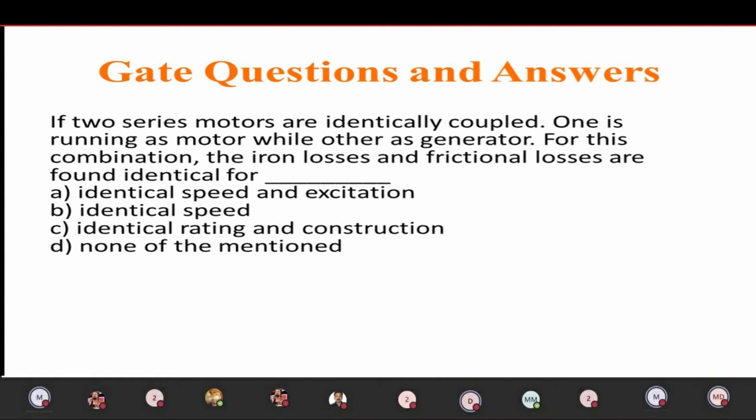For this combination, the iron losses and friction losses are found identical for which case?